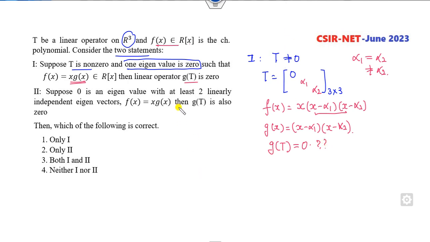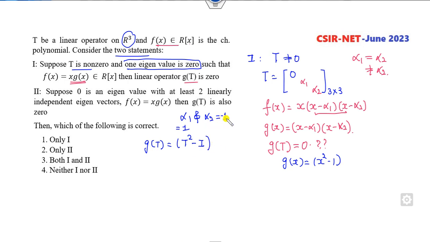Very simple. Consider alpha 1 and alpha 2, say both the same, or any number. For simplification, I can say alpha 1 is 1 and alpha 2 is minus 1. So what is my g of x? It is x square minus 1, so it is T square minus 1.